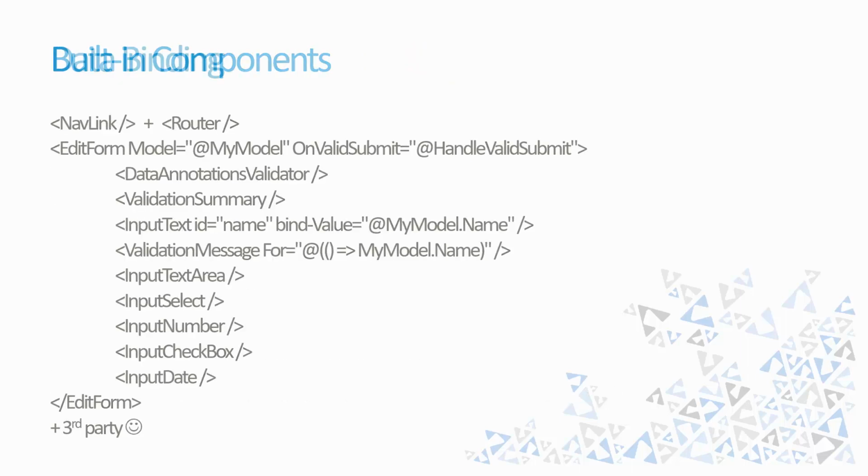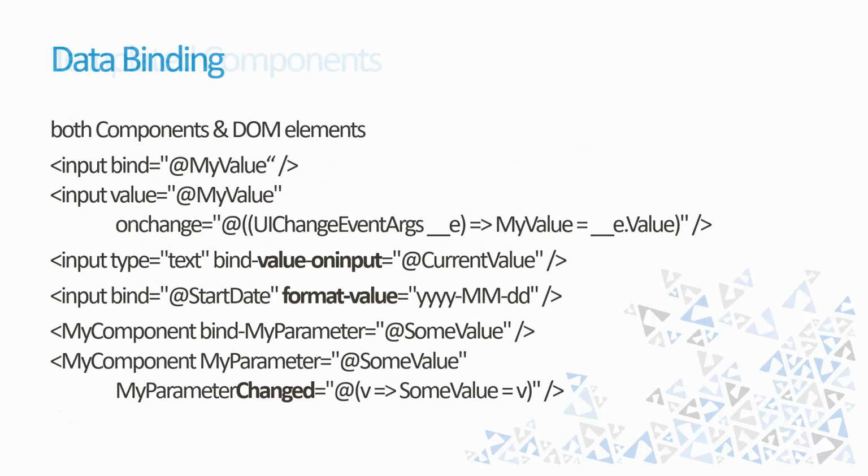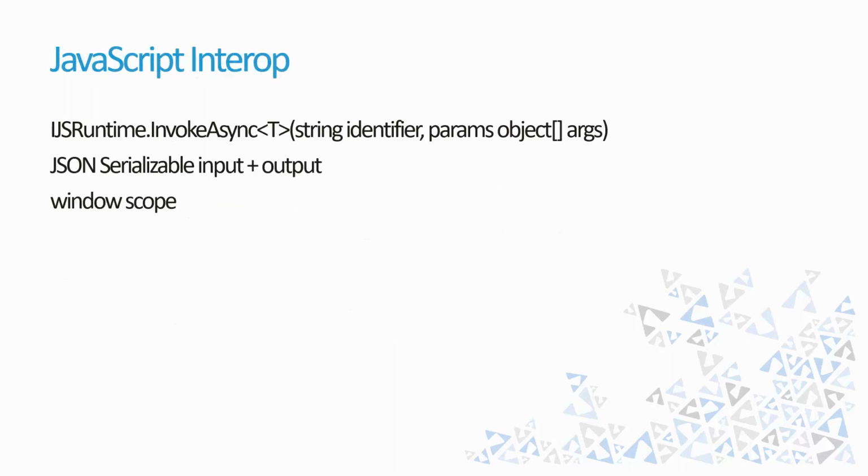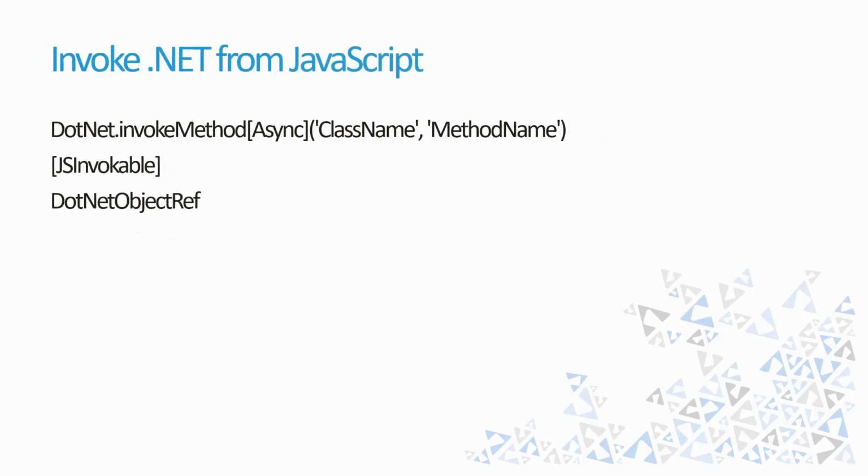This is the one from Blazor to JavaScript, and this is the opposite direction, where on the .NET class you have the invoke method, where you pass the class name.